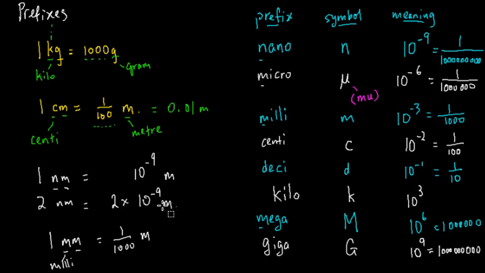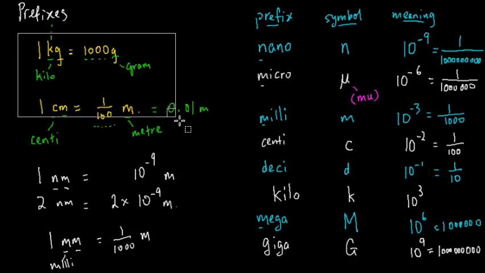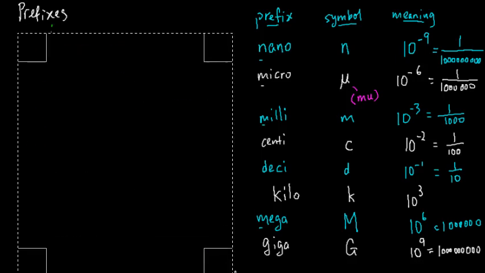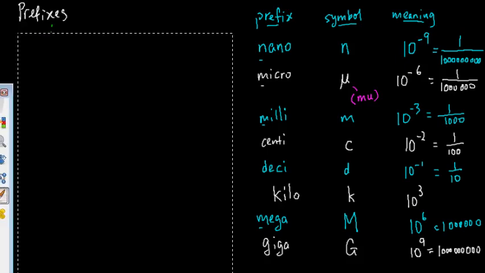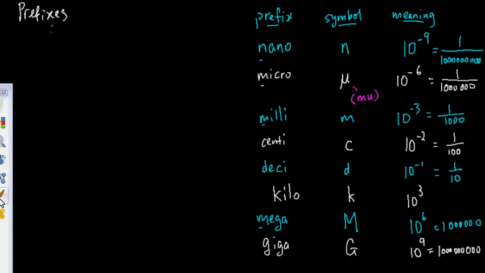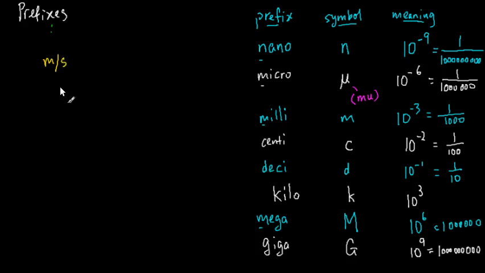convert a unit that contains more than one base unit, like velocity? So let me take a look at that example now. Okay, velocity. So what's the unit for velocity? That's meters per second. Let me think of an example.